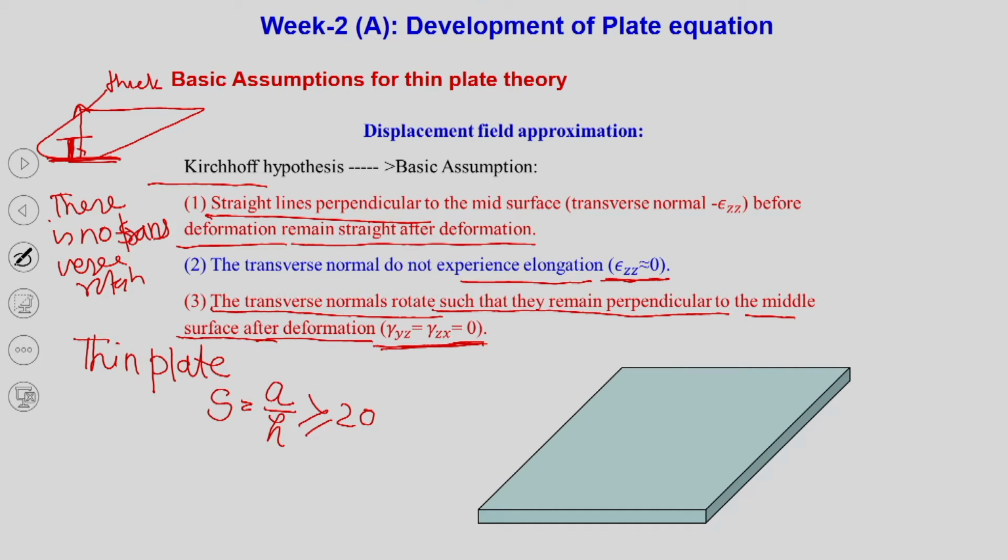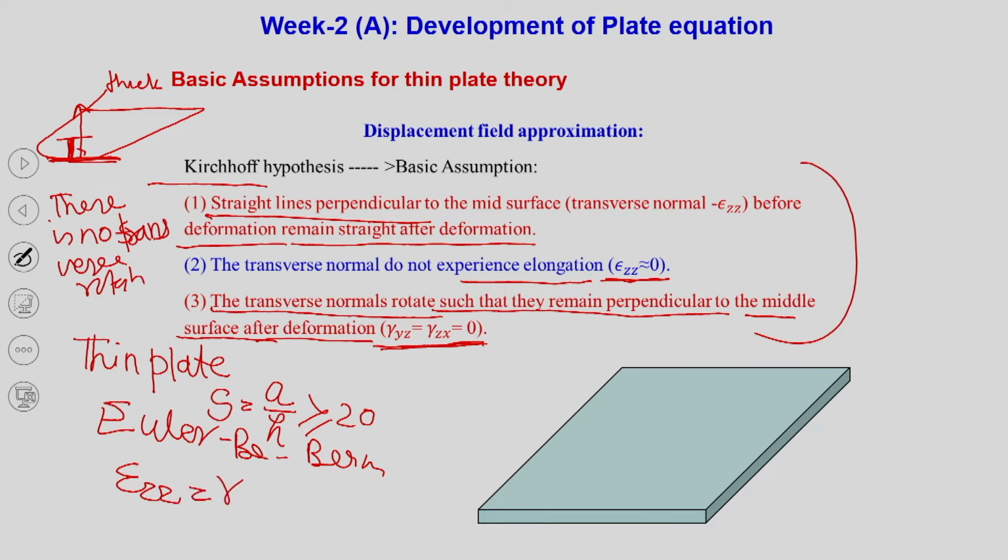If you would like to compare with the Euler-Bernoulli beam, there you have epsilon zz and gamma zx equal to 0. When you are talking about a plate, gamma yz is also 0. So, Kirchhoff extended the one dimensional hypothesis to the two dimensional case.